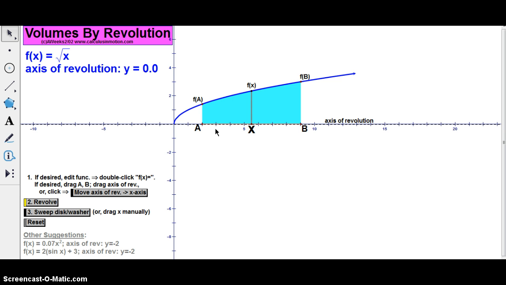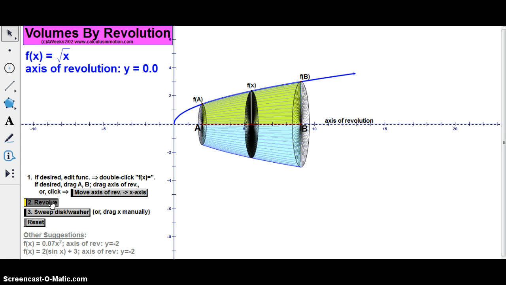We're going to be finding the volume of this curve between values a and b around the x-axis. So I'm going to push the revolve button and let you take a look at that. So that's a pretty cool thing. Hopefully you're enjoying that and realizing what that volume means.